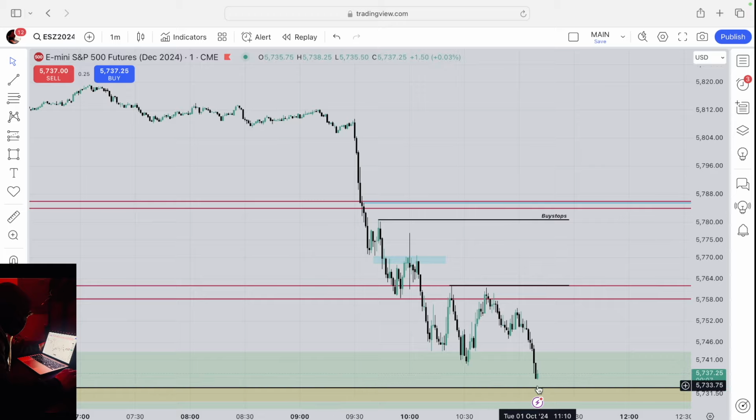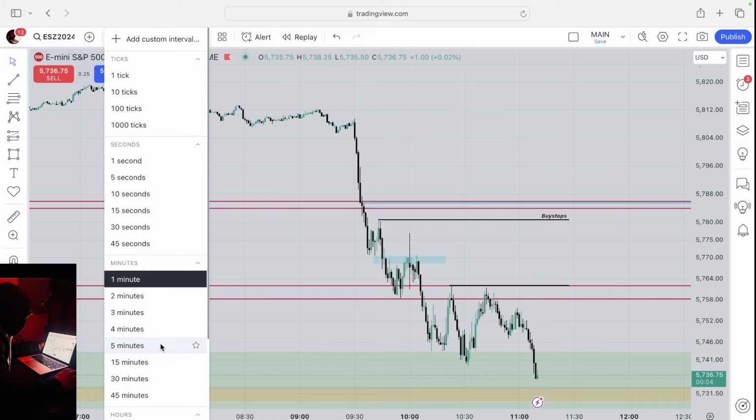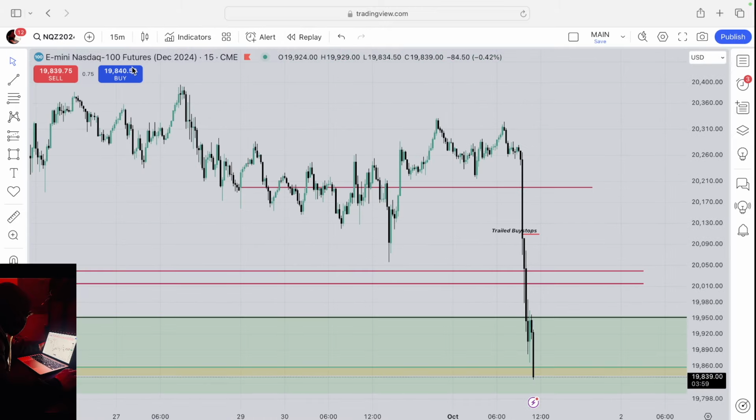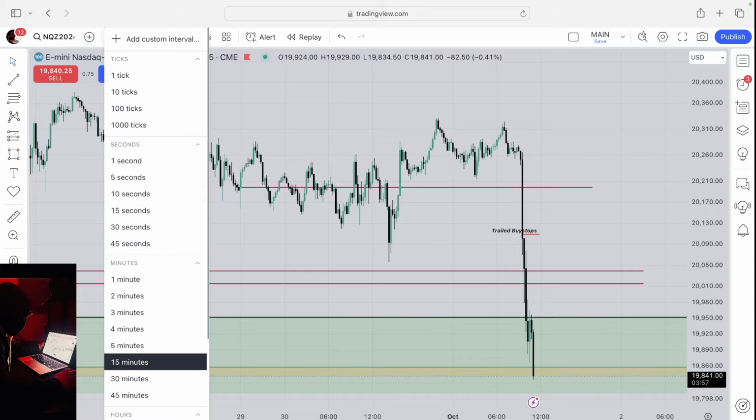So just about two more handles. Like I said, we're going to pierce below that sell side liquidity, and that, to me, would give me a lot more confidence to try and capitalize on the idea we were initially looking at.